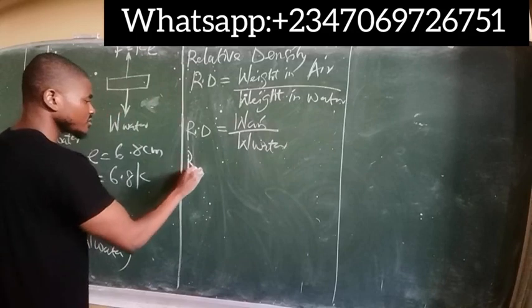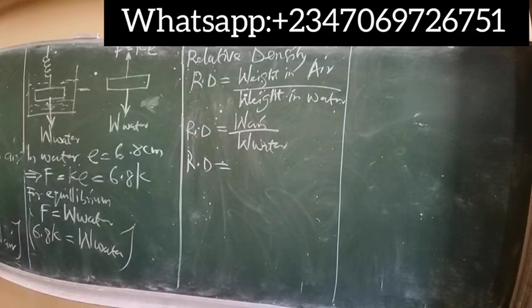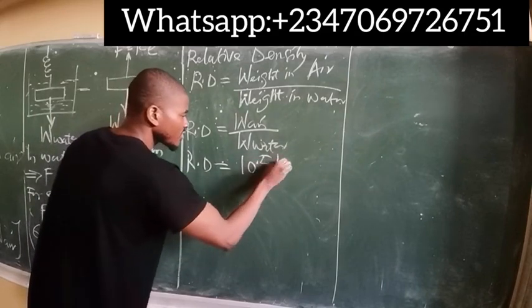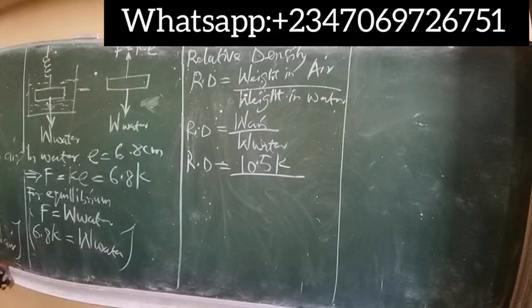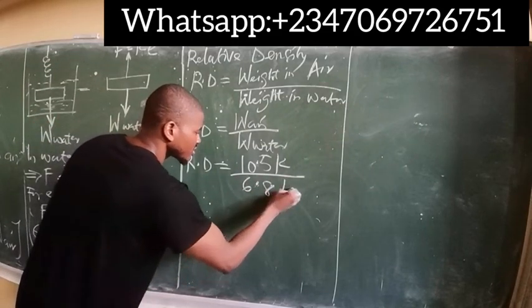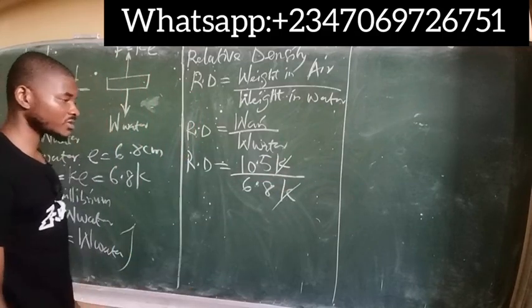So R.D. is now equal to the weight in air. We obtained the value for weight in air to be 10.5 k. All over the weight in water, we obtained the weight in water as 6.8 k. So from here, of course, it is obvious the spring constant cancels out.